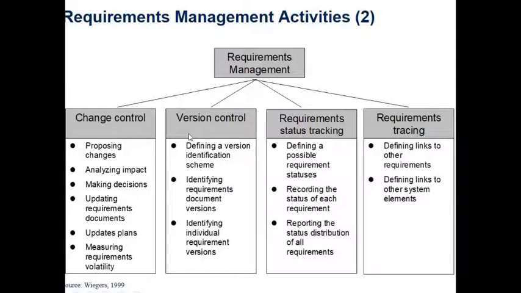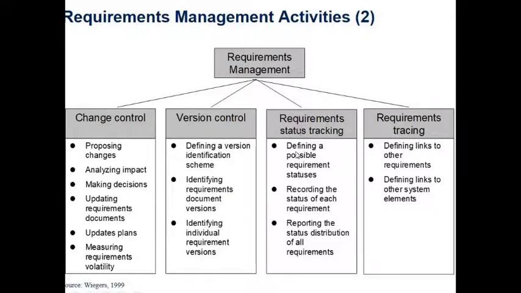You have this group of activities in regards to version control. Here you would be defining a version identification scheme, identifying requirements document versions, and identifying individual requirement versions. Right? So those are the activities involved in version control.